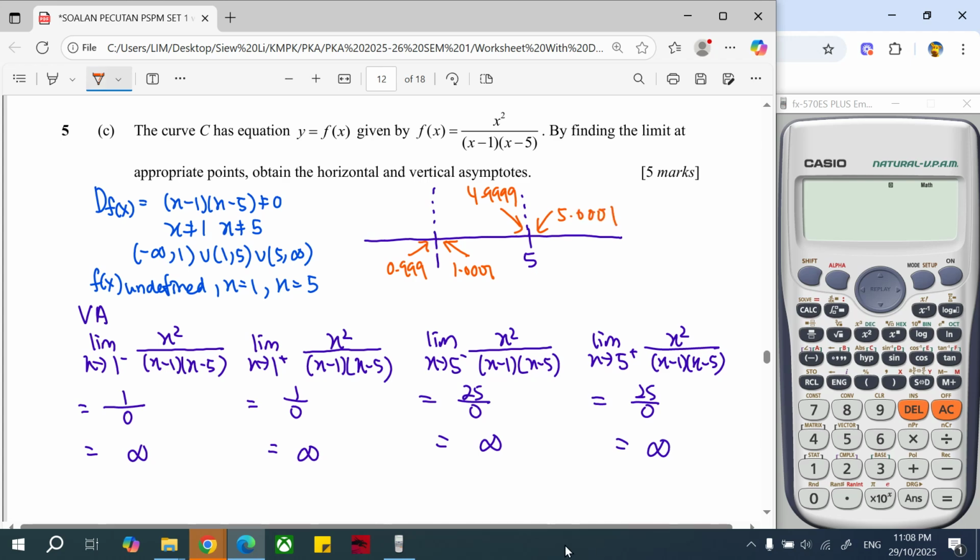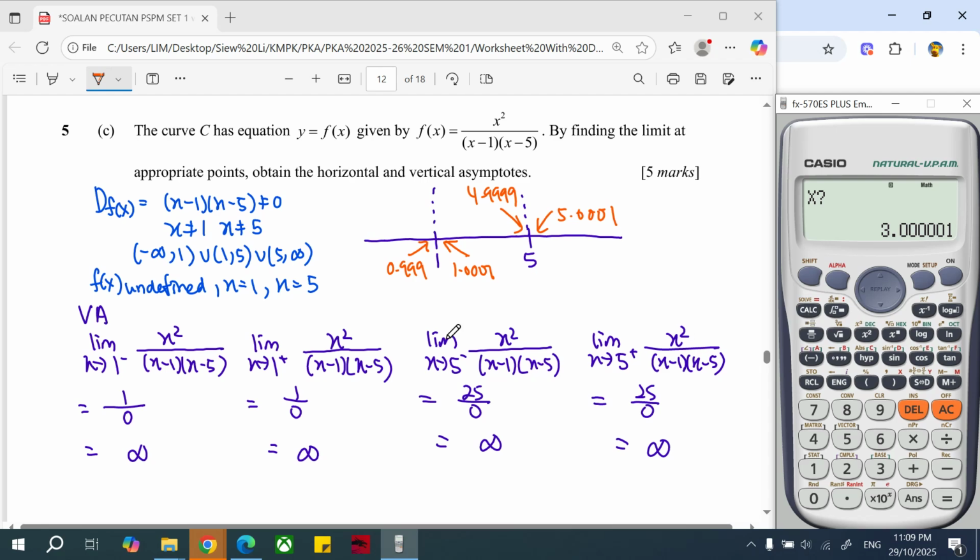Okay, so how do we know whether this is positive infinity or negative infinity? We just put it into our calculator here. Our function here is alpha x squared divided by, in the bracket, alpha x minus 1, then alpha x minus 5, then we calculate.